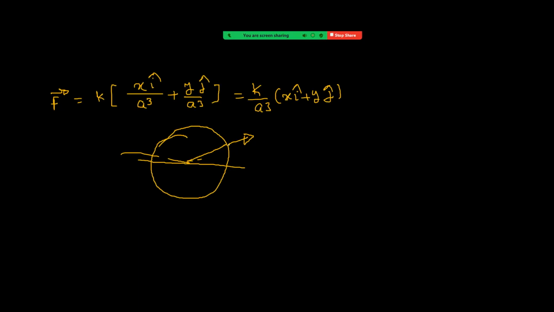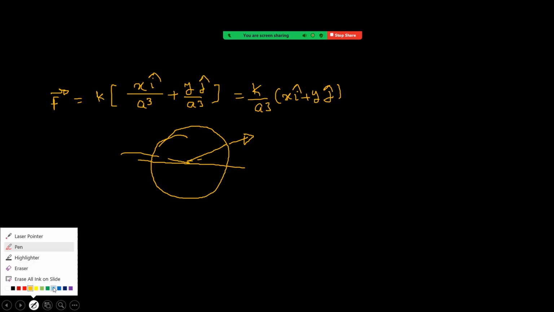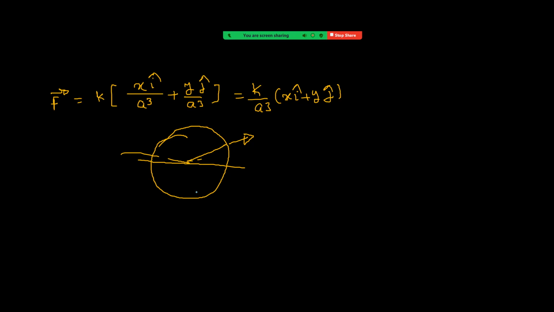But if you take a small displacement ds, that small displacement vector is always along a tangent. So the displacement is always along a tangent and the force is always along the radial direction. So the angle between these two is 90 degrees.